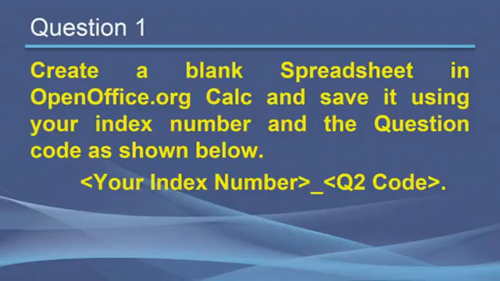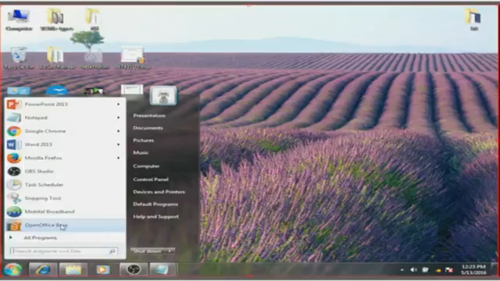In the first question we were asked to create a blank spreadsheet in OpenOffice Calc and save it using the index number and question code as shown below. I think by now, after going through those first 2 lectures, you know how to save it, but let's see how to do it for Calc.